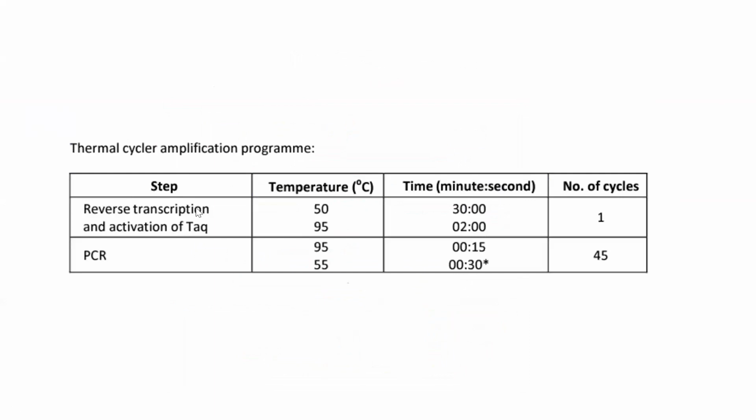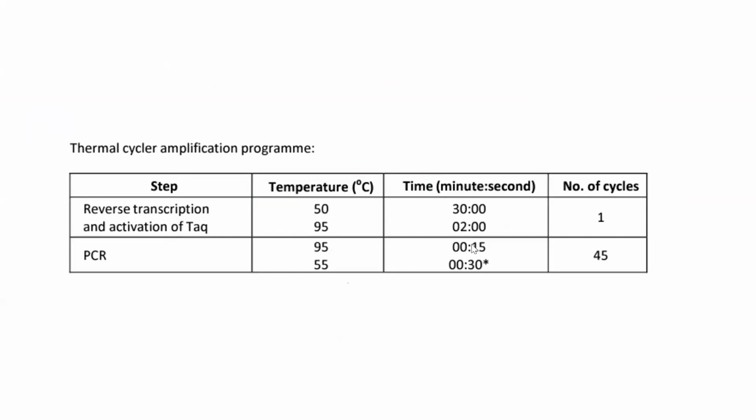For the reverse transcription, because it was a viral RNA sample, it was treated at 50 degrees Celsius for 30 minutes. It differs in different protocols, but that is the standard that was used there. Then 95 degrees Celsius for 2 minutes is to activate Taq polymerase, and also the reverse transcriptase cannot function at 95 degrees Celsius, and as it's a protein, it will denature as well.